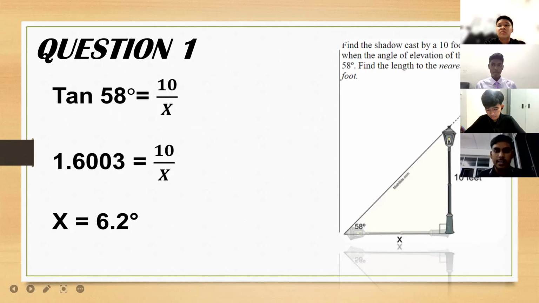In this question, we can use the tangent rule. So tangent 58 degrees equals the height of the lamp post, 10, over x. Tangent 58 degrees is equivalent to 1.6003. So 1.6003 equals 10 over x, so x equals 6.2.